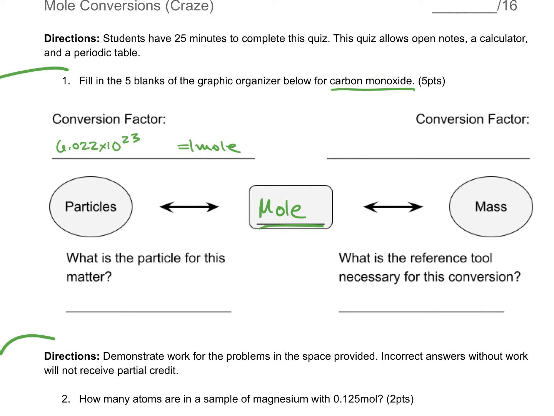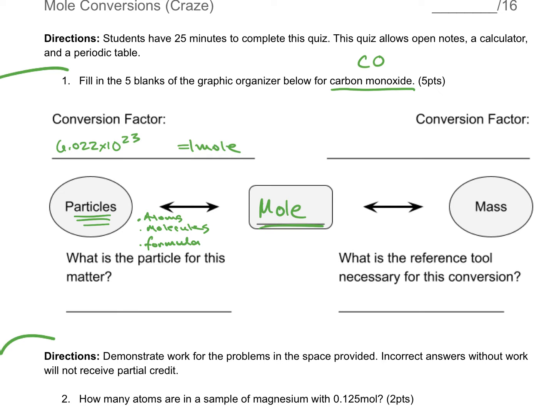But for this example, we're talking about carbon monoxide, so that would be the chemical formula. Both of those atoms, carbon and oxygen, are both nonmetals. That means that this is a covalent compound. So of the 3 types of particles, they could be atoms or molecules or formula units.